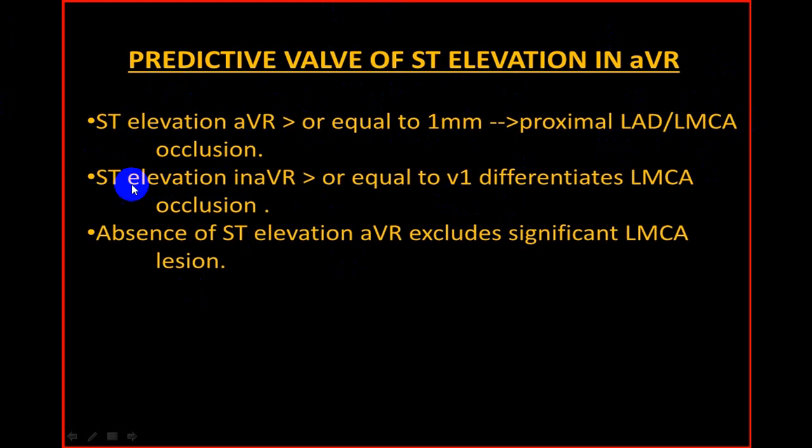And if the ST elevation in AVR is more than or equal to V1, it is again LMC occlusion. Absence of ST elevation in AVR excludes significant LMC occlusion. This is very, very important. So if you are diagnosing LMC occlusion and there is no ST elevation in AVR, think again.